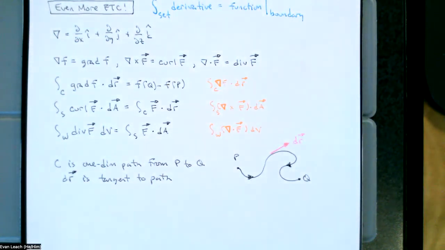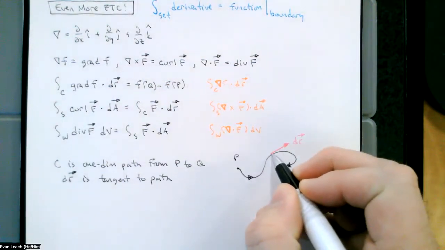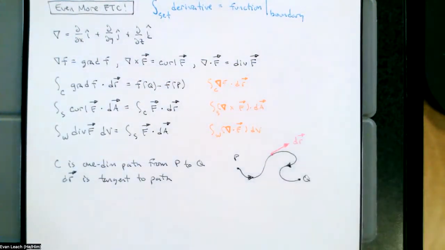This curve is sitting inside some vector field, and we're looking at the interaction between the vector field and the direction along the path. What is the vector field doing to our path at this point? This is what we needed in a line integral.